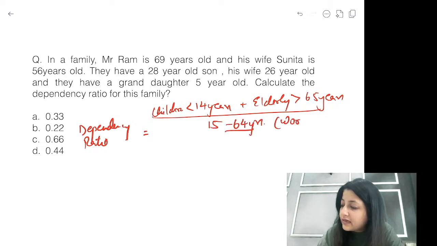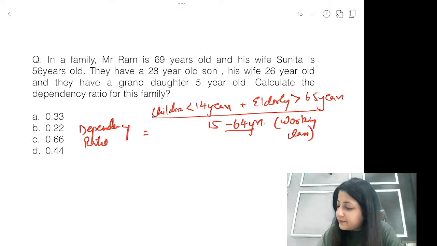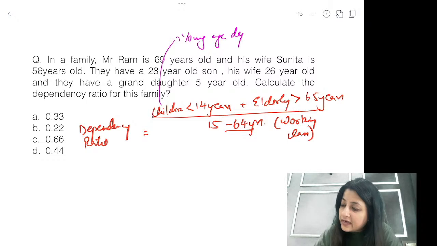Okay, which class is this? This is the working class, or economically productive class. Now children below 14 years, this forms what? Young age dependency. And elderly above 65 years is what? Old age dependency.